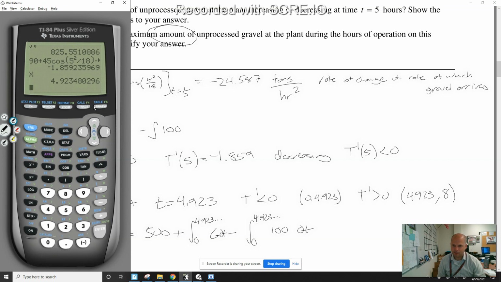It's annoying. I'm not writing down X, I'm writing down the 4.923 just to type it into my calculator quickly. 635.376.